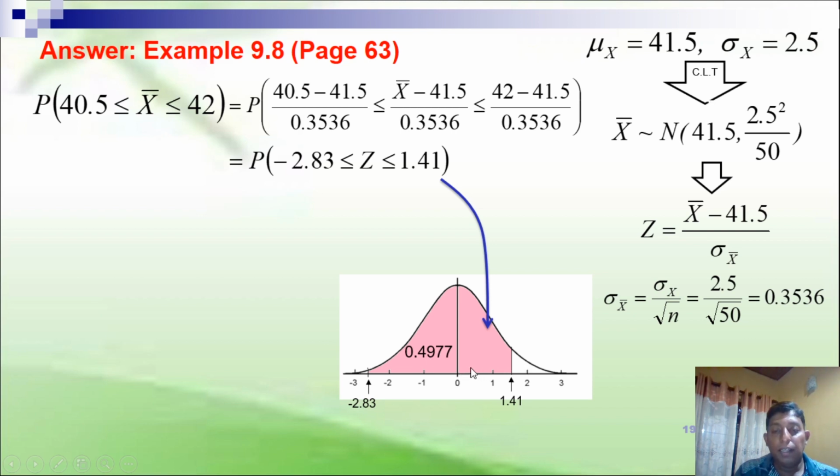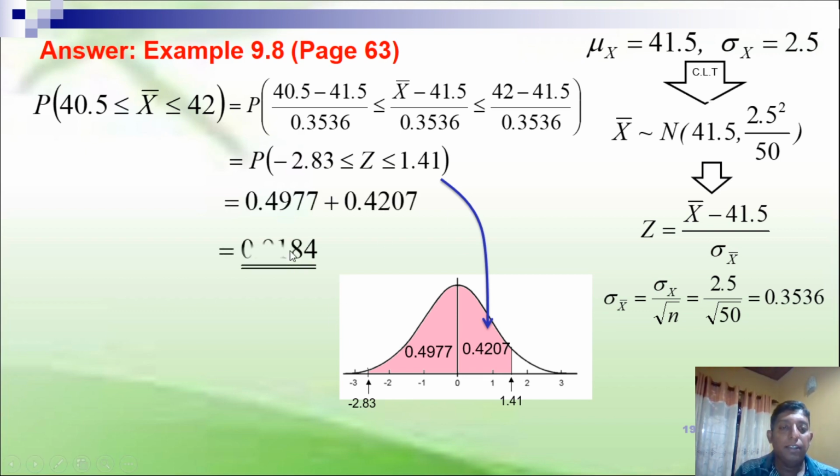Just to find the probability of z values lying in between 0 and 1.41, just read z equals 1.41, that is equal to 0.4207. Just adding these two values, we can obtain the final answer, that is equal to 0.9184.